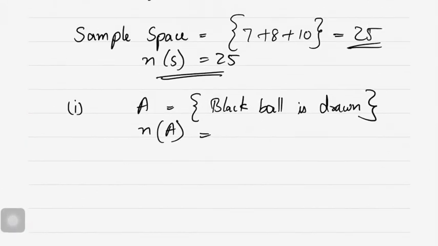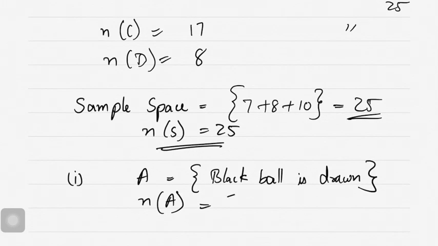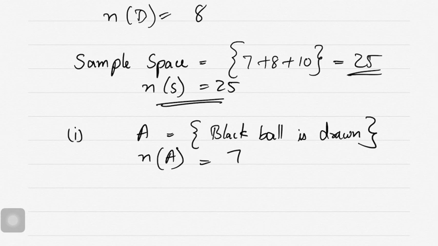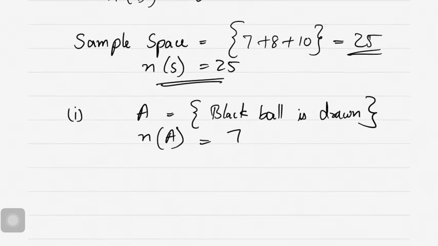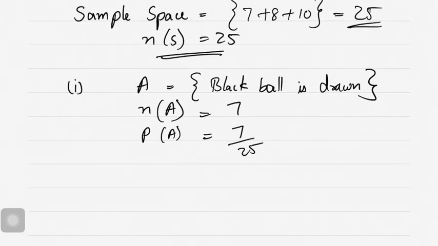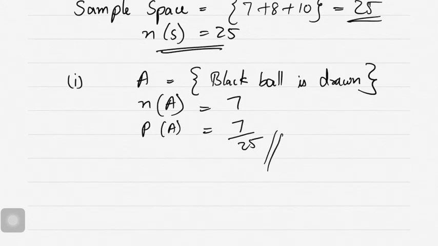Probability that black ball is drawn. So there are 7 black balls, right? 7 black balls. So N of A is 7. P of A will be 7 by 25.